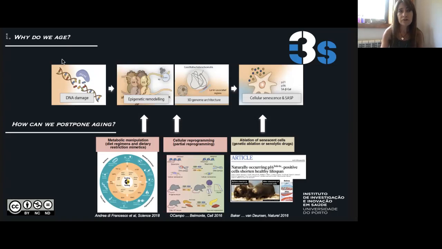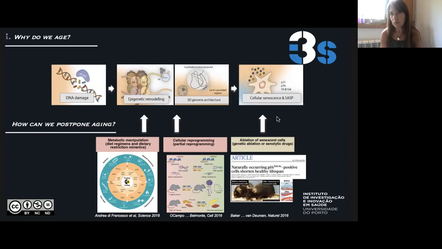Although an intervention is still missing to correct chromosomal instability and DNA damage or improve the DNA repair mechanisms, there are other mainstream strategies that are available that either improve the epigenome or target the senescent cells.